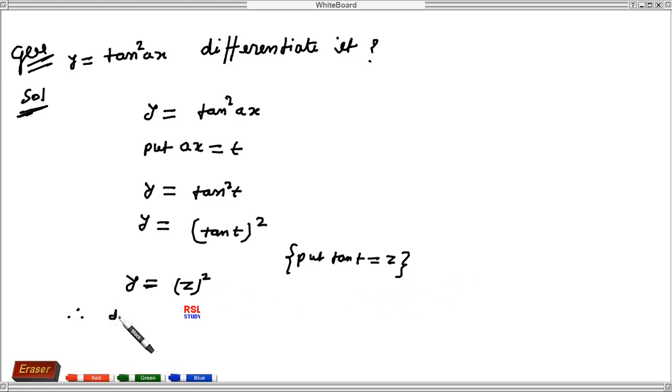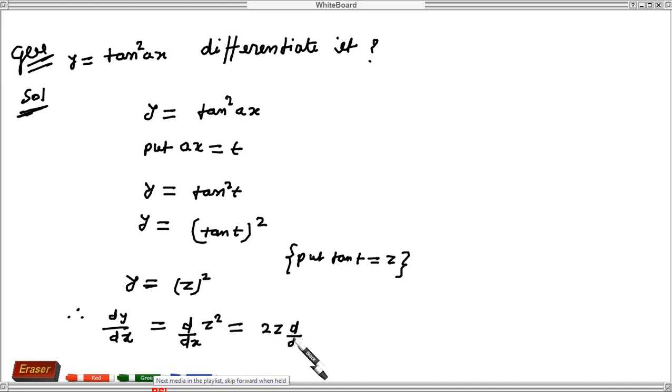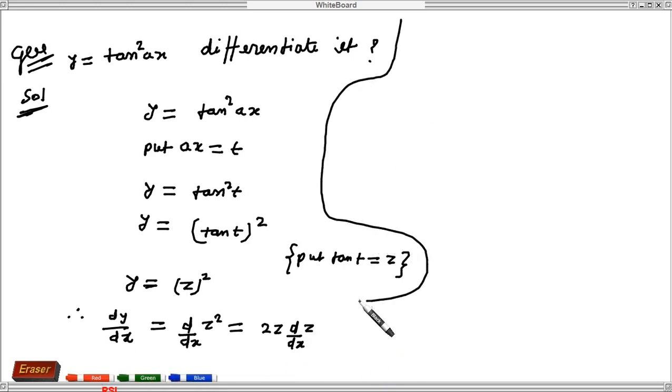So differentiating the above function with respect to x, this will be 2 times z power 2 minus 1 and dz upon dx. So 2 minus 1 will be 1, that is z power 1. So that will be 2z and dz upon dx. Now put the value of z.